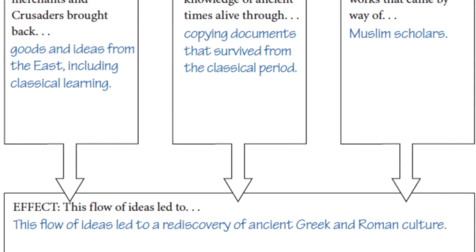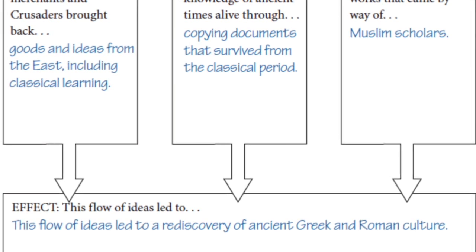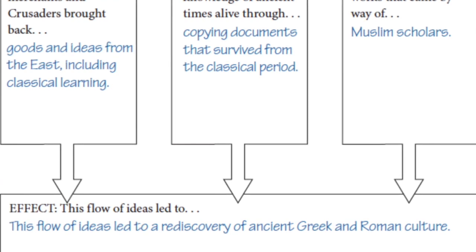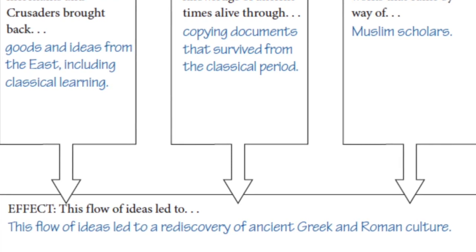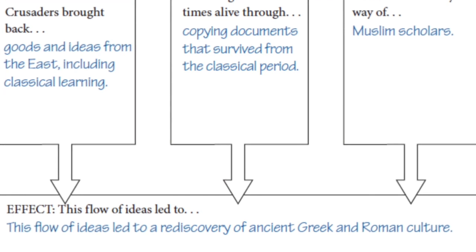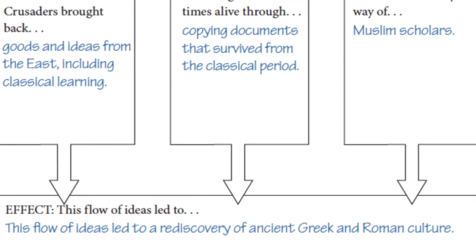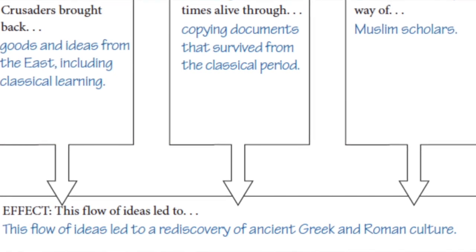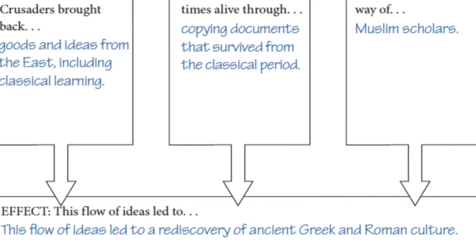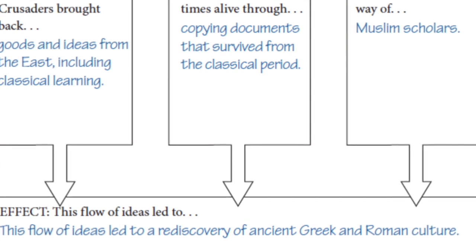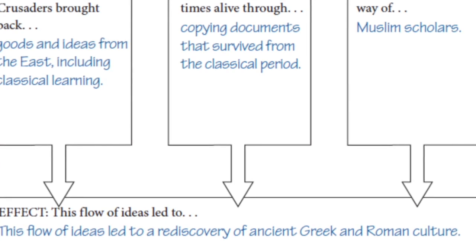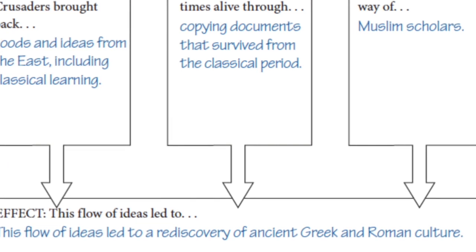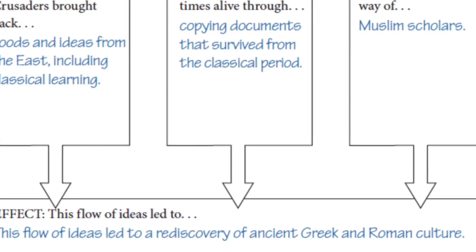And then you see the second cause, the Roman Catholic Church kept knowledge of ancient times alive through documents that survived from the classical period, so they're able to be looked at again. Because we're not just talking about a revival of art, we're talking about also a revival of thought, like philosophy, scholarly learning from the classical period.